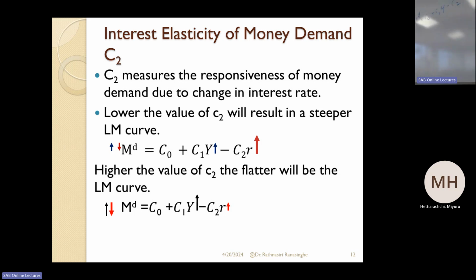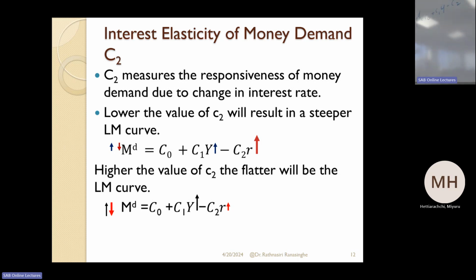And if the C2 value is high, normally we get a flatter LM. Under that, C2 is high, so we assume a smaller rise in the interest rate will cause a faster decline in the money demand. There should be equilibrium in the money market, so the adjustment should be in the equilibrium income. There should be a faster rise in the equilibrium income to equilibrate the market.